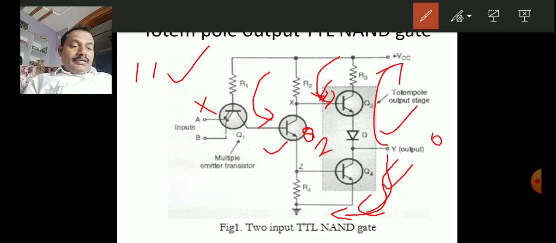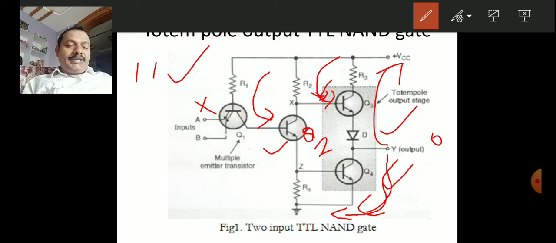Thus, the output impedance is always low. That is the important point. Moreover, when the output switches from low to high state, the extra charge carriers go through the transistor in conduction state, and so the transistor is faster. This is the important point.